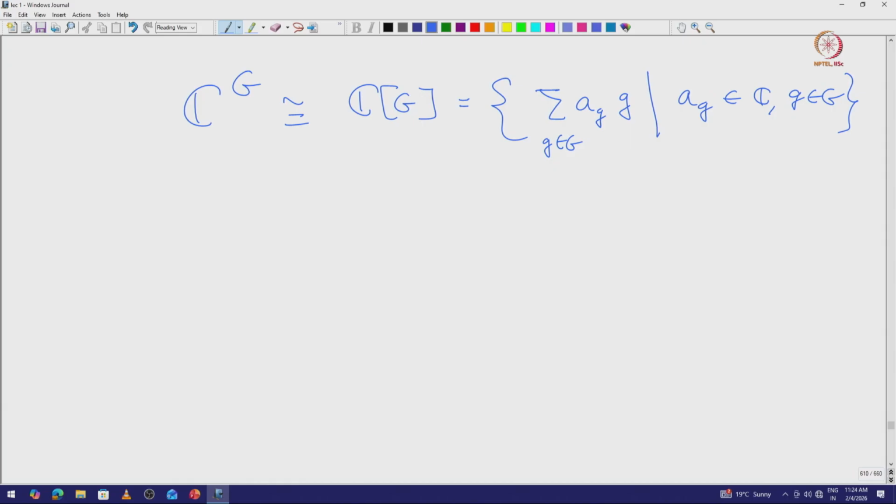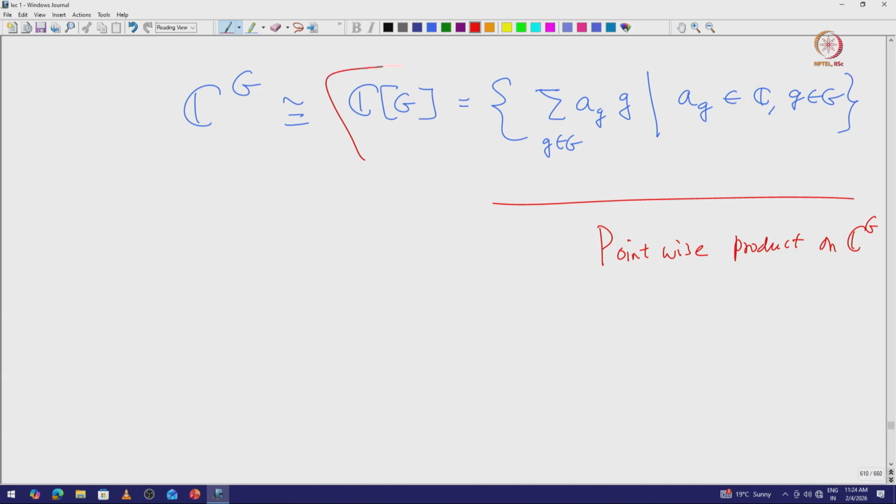So, we also have another product coming from the product on the complex space, and that product also will make C^G into a ring, but you can see that that product is going to be very different from the convolution product. So, we also have what is called the pointwise product on C^G.